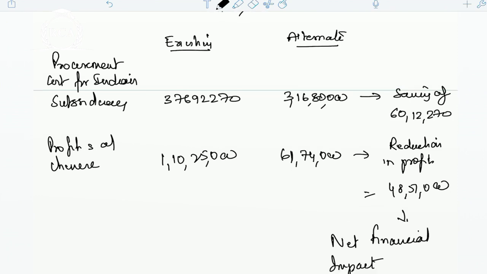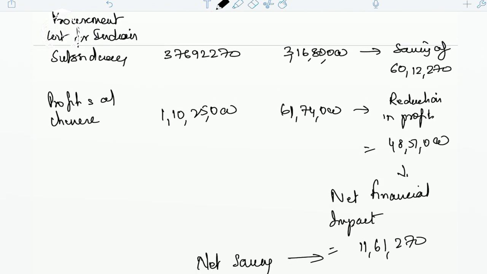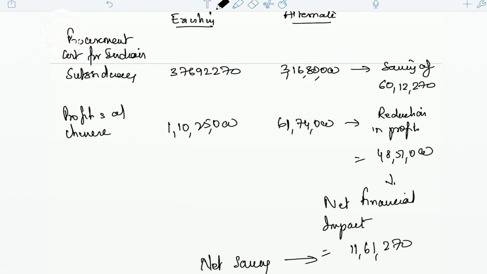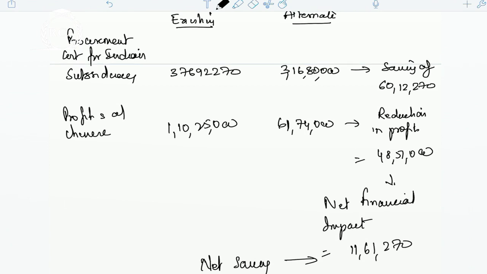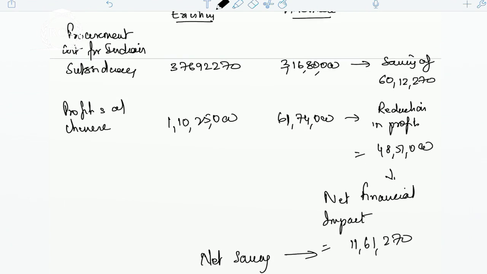Yes. Here, guys, net financial impact. Quickly copy this. So your conclusion is that yes, we have to accept the other alternative. We will have to accept the other alternative.